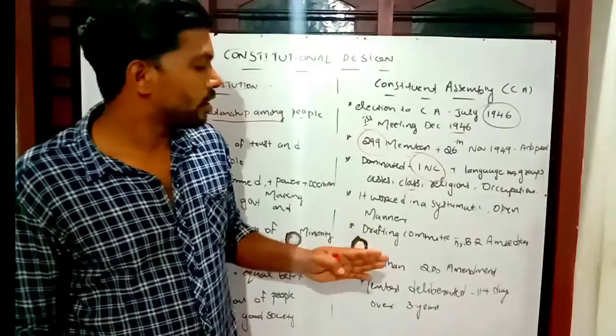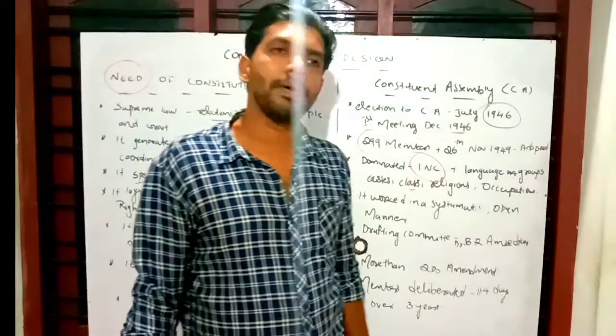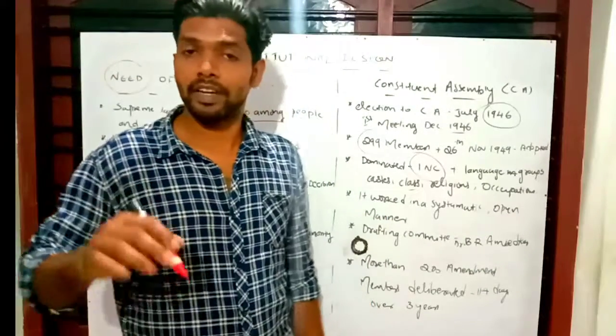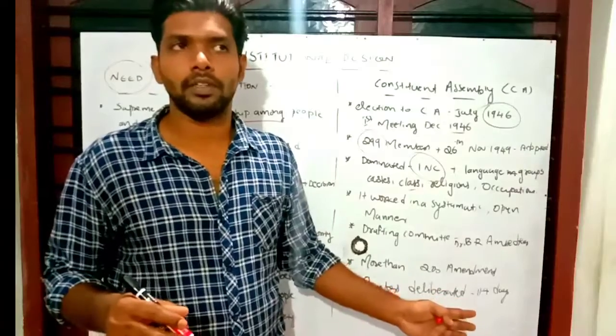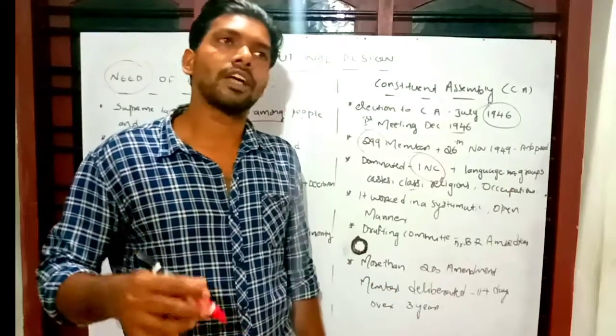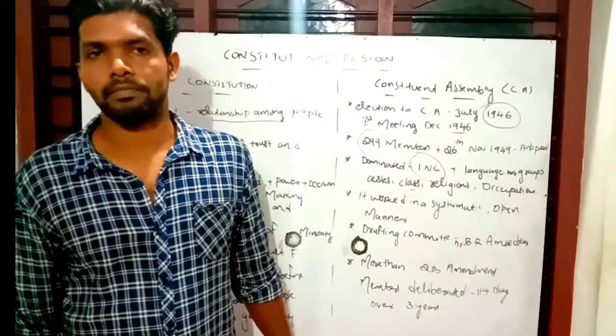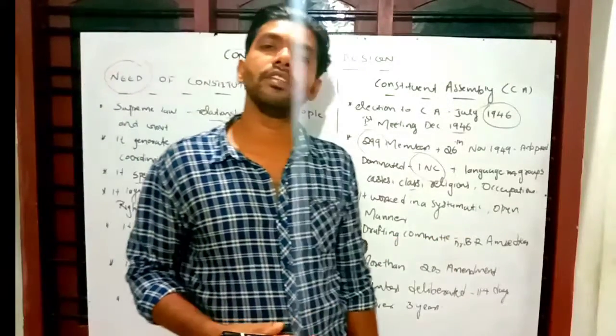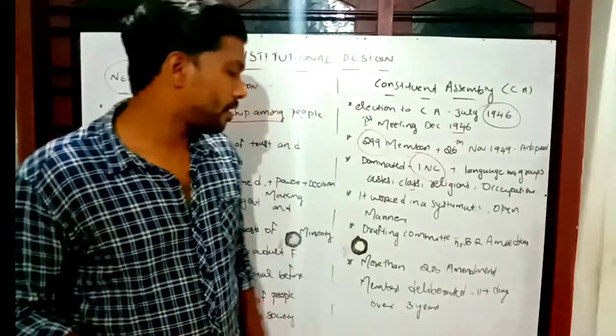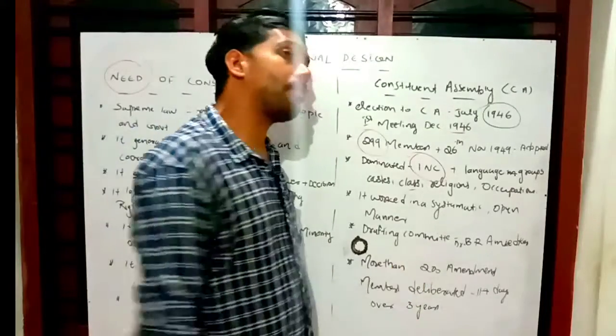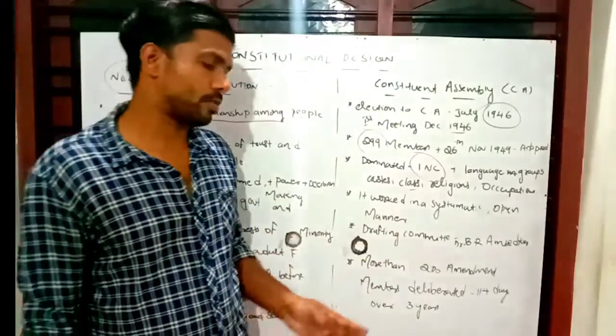Next, the drafting committee was appointed after getting independence for drafting the constitution. The drafting committee was chaired by a great person, Dr. B.R. Ambedkar, who is commonly called the father of the Indian constitution. More than 200 amendments were made before finalising the constitution.